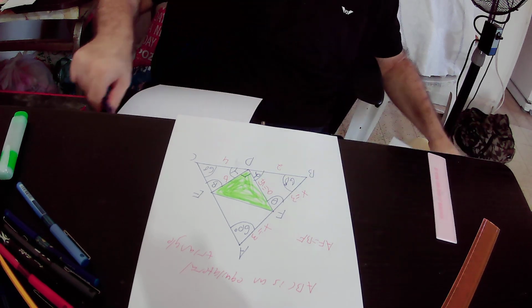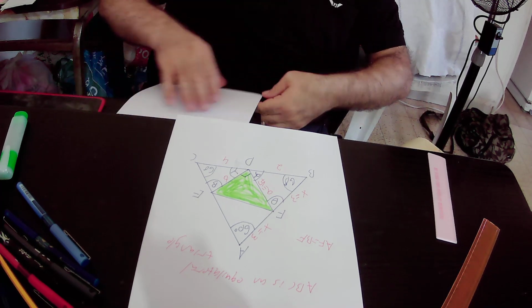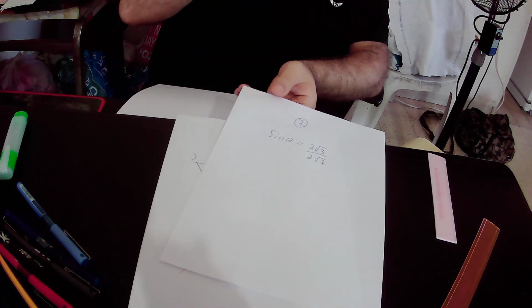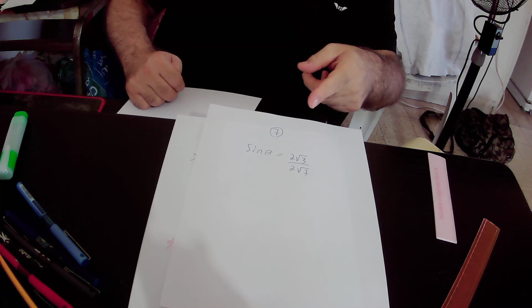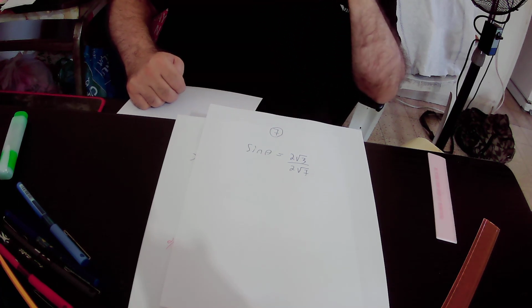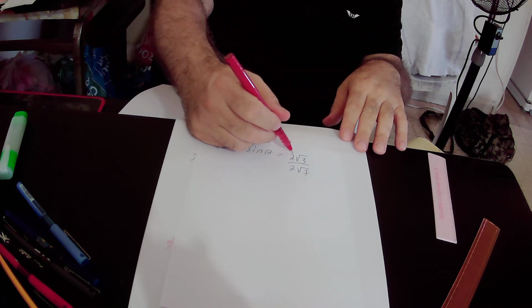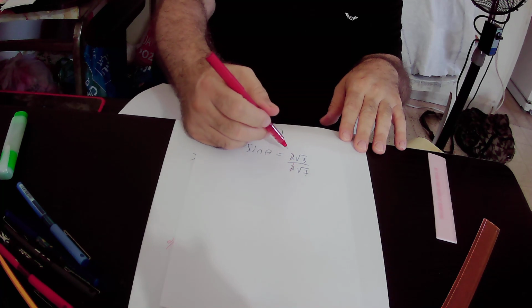So we did the simple arithmetic, and we got that sinus theta equals 2 times root 3 over 2 times root 7. Here we have 2 in the numerator and 2 in the denominator, so the 2 is cancelled.